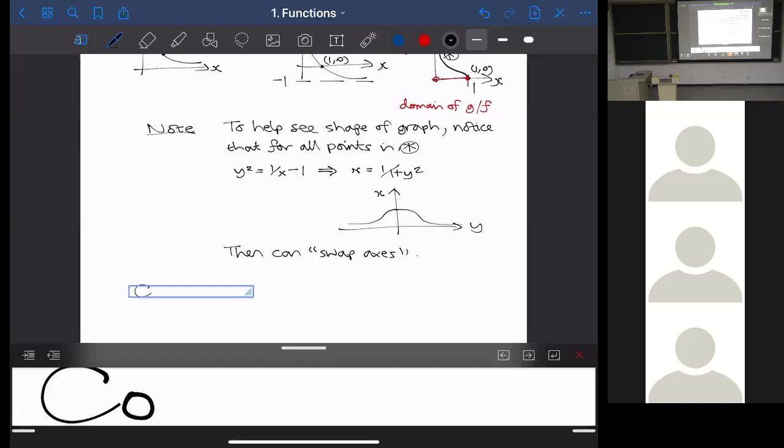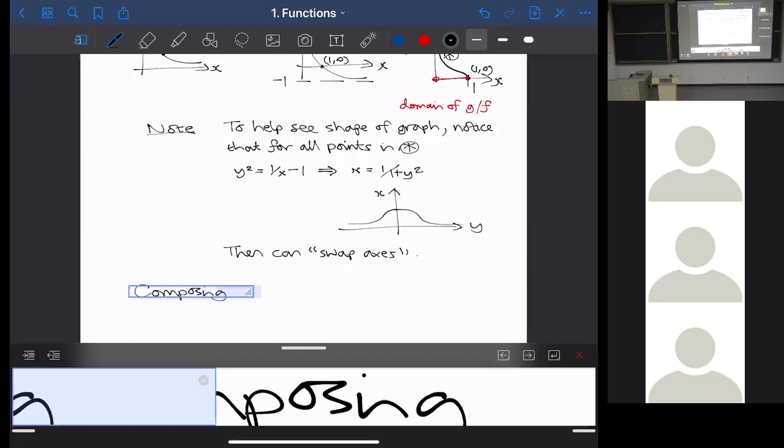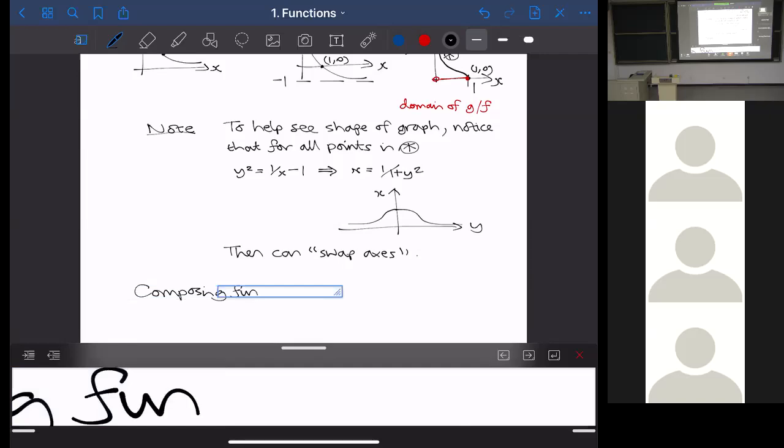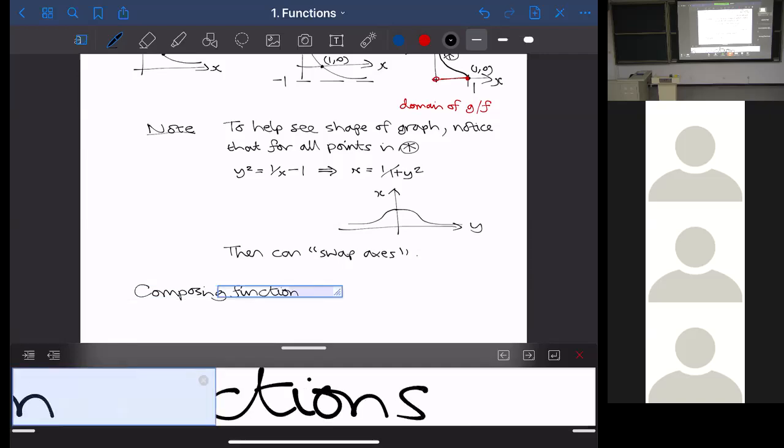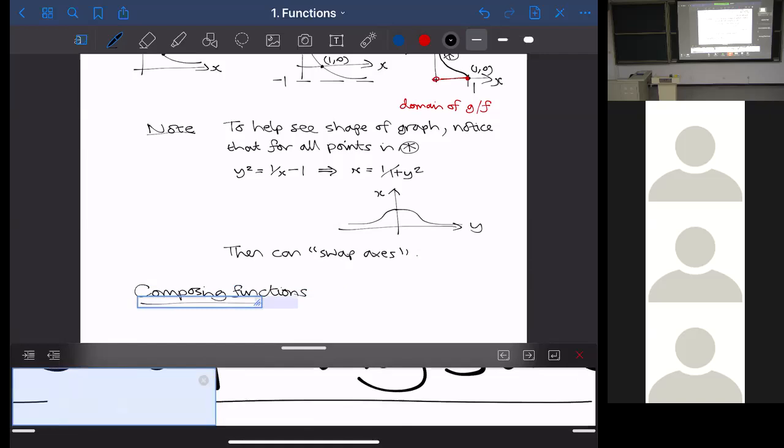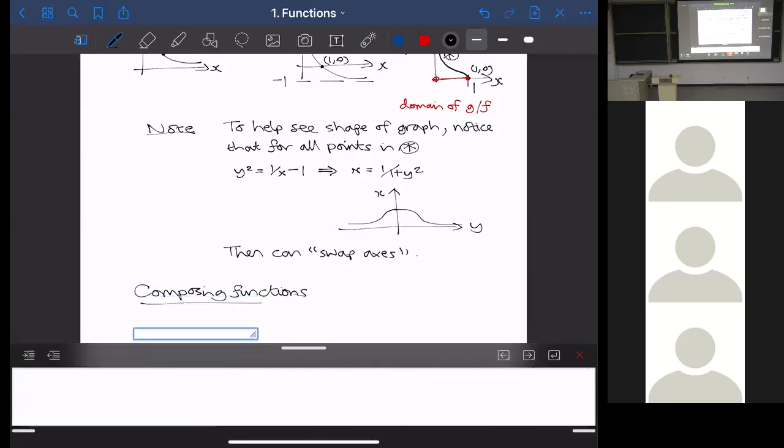So, composing functions. What do I mean by this?